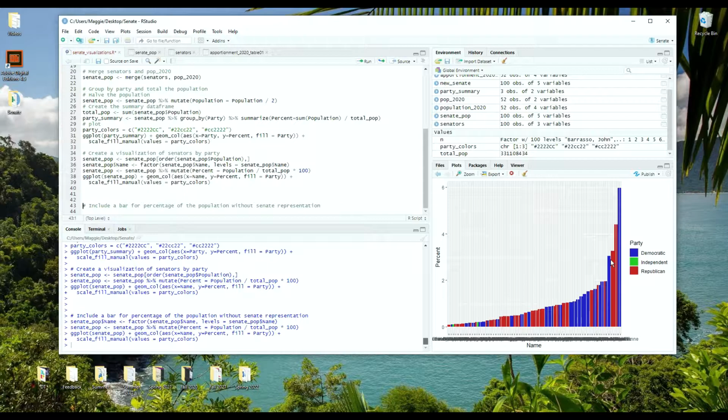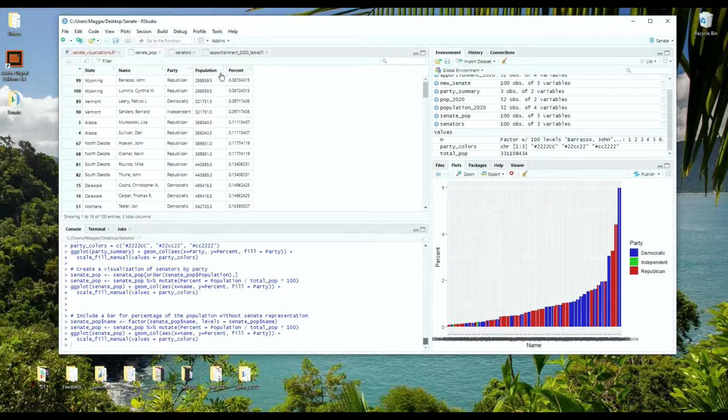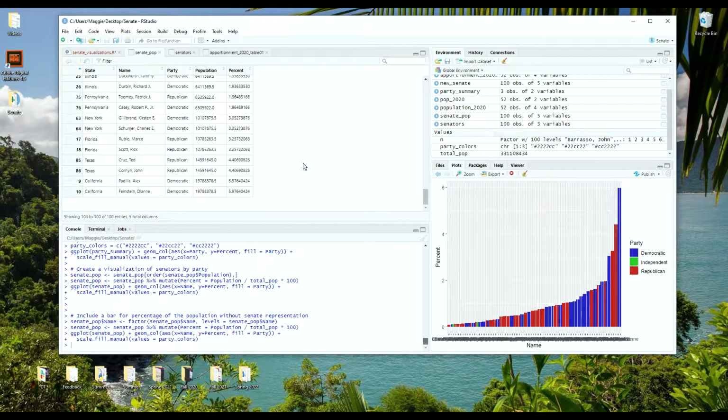California, and then we've got two big Republican states, which are Texas and I guess Florida. Is this one ordered? Yeah, that one's ordered. So, yep, Texas and Florida. And then we get to Democratic state of New York.